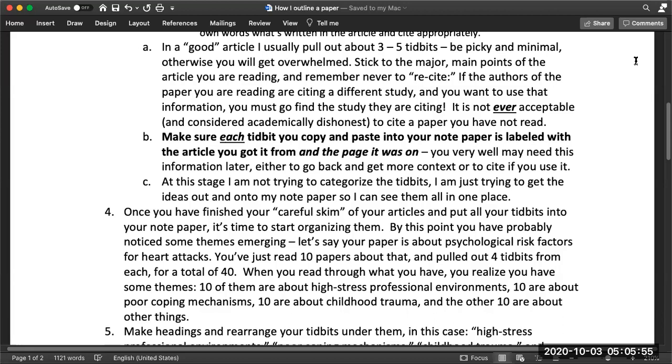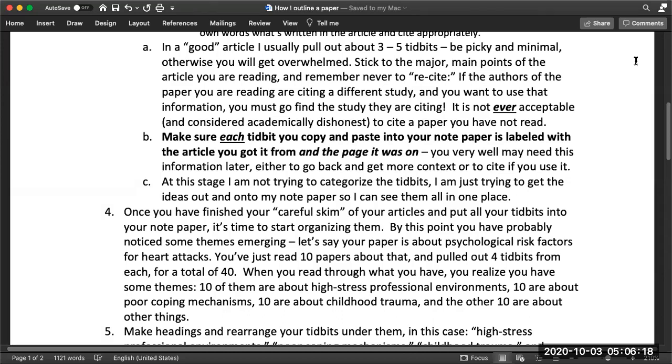And also never recite something. It can be really tempting to be reading an article and you'll see something that the authors are referencing that somebody else did. So, they're going to be prefacing their own work and saying, this other researcher did this thing. And it will be very interesting to you and you will be tempted to cite that.